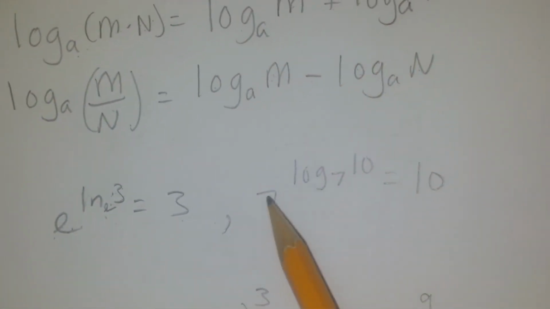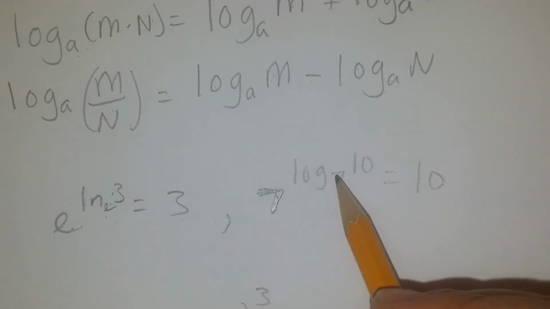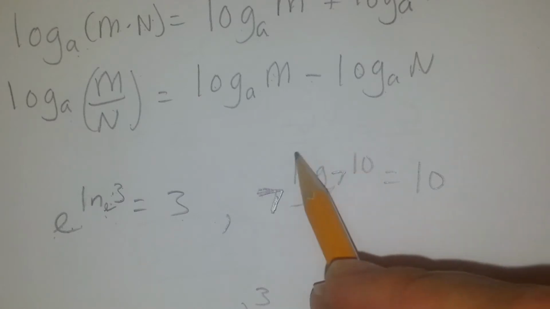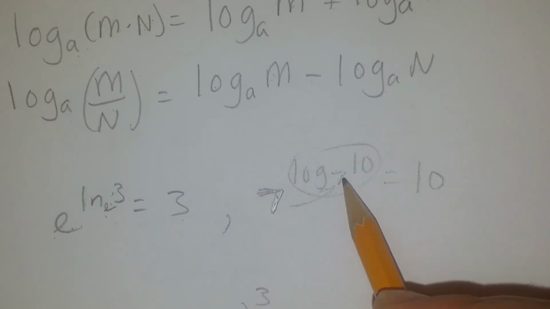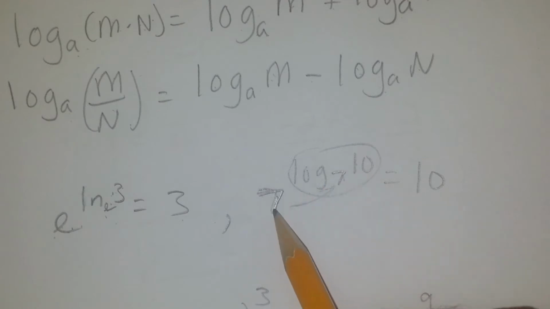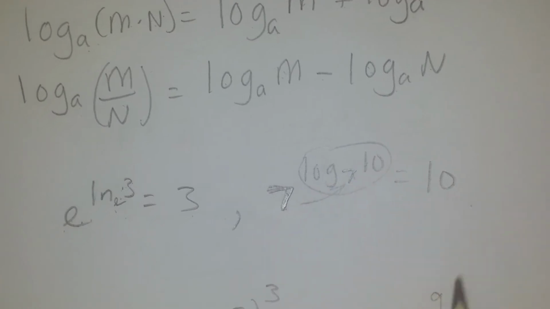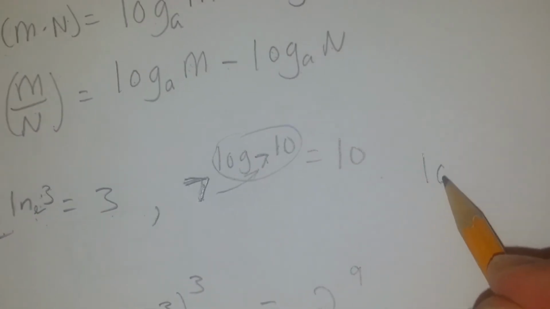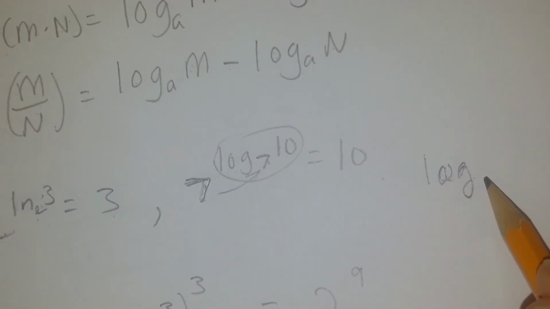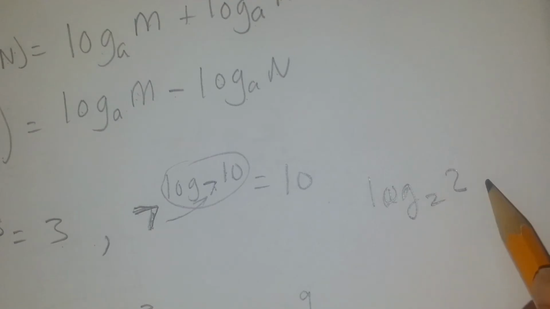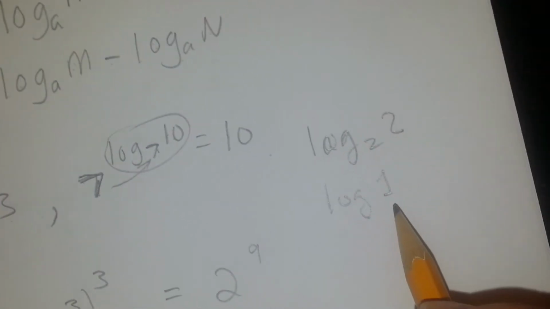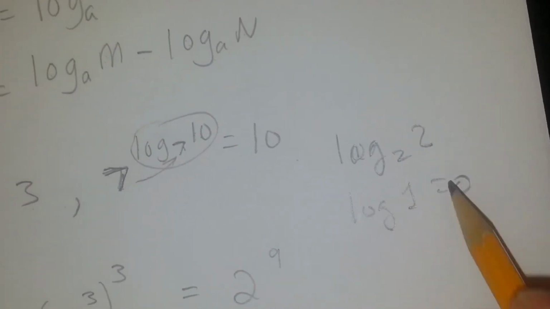Here's another example. 7 to the log base 7 of 10. Notice these are the same. This says, what's the exponent that 7 is raised to get 10? Well, if I raise 7 to that exponent, I get 10. Like I said, anytime you have log base 2 of 2, that's 1. Log of 1, I don't care what your base is, is always 0.